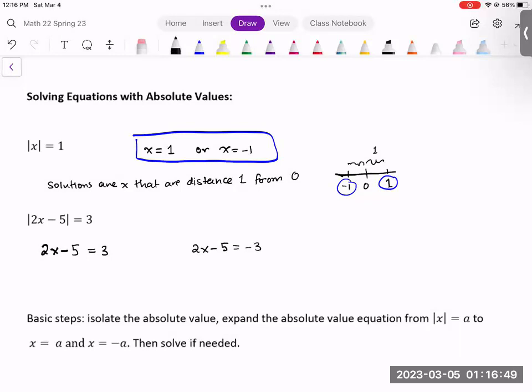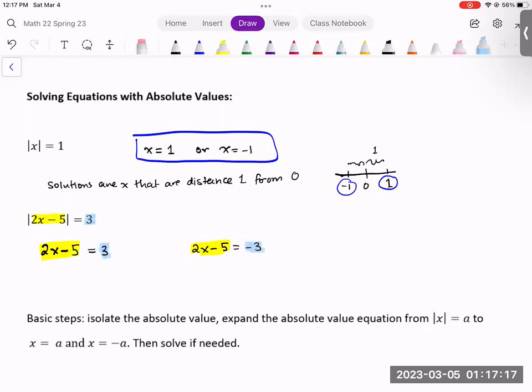If it was equal to -3, when we take the absolute value, we strip off that negative sign, and so our absolute value is 3. All right, and so what we're doing here, we're taking our inside, and we're going to set it to be equal to 3 or -3.